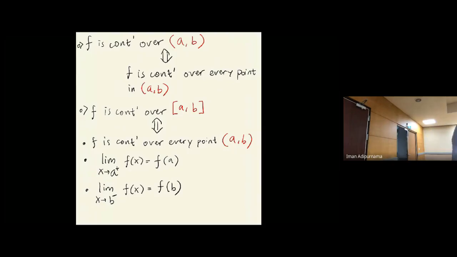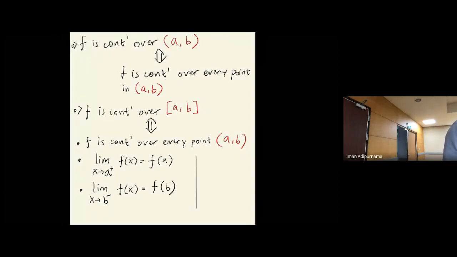Okay, so let me draw some illustration here. This is A, this is B. What it means is that every point in the middle of A and B is continuous, right?